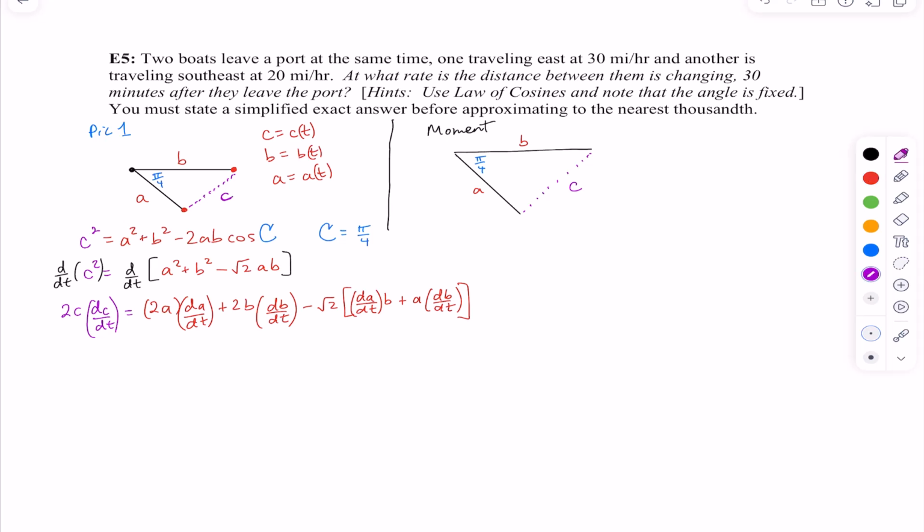As long as c is not 0, we can simplify and solve this relationship for the derivative of c with respect to t.